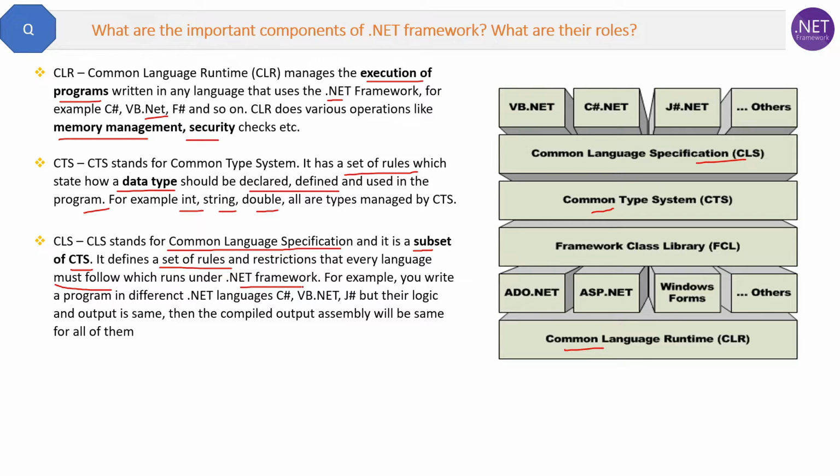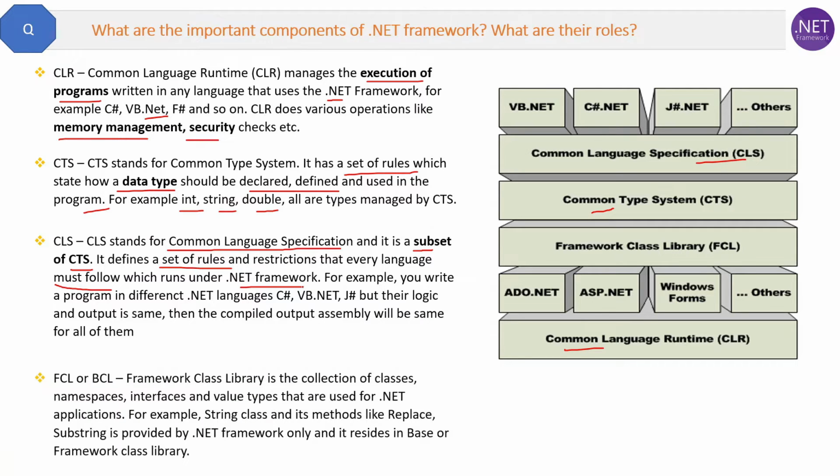So for example, you have many languages in .NET framework like C#, VB.NET, J#. So all these languages must follow some set of rules so that they can be compiled into a common DLL. So that set of rules are defined by CLS.